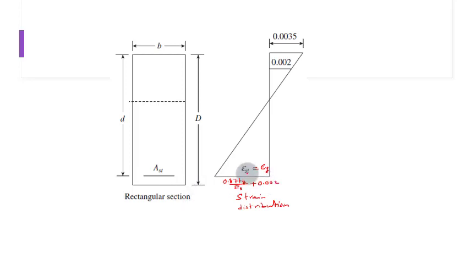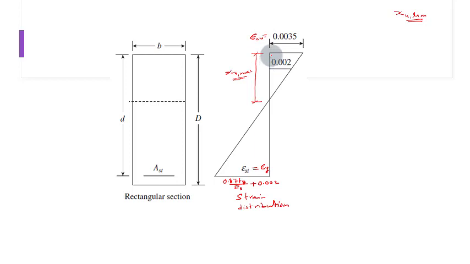Okay, corresponding to the strain in steel when it reaches its yield strain, we will say that this neutral axis depth is maximum. Sometimes this maximum neutral axis depth is also called XU limiting, that is, limiting neutral axis depth. Please note here the strain in concrete equals 0.0035, which is the ultimate strain in concrete.